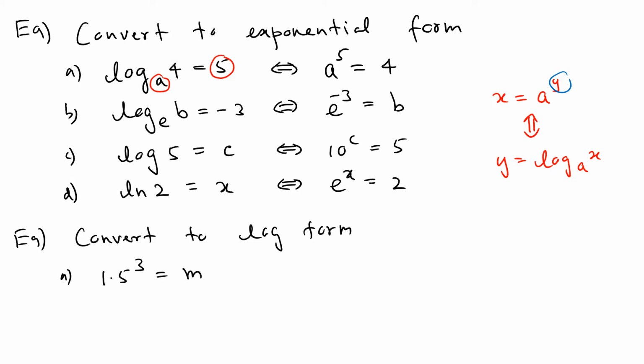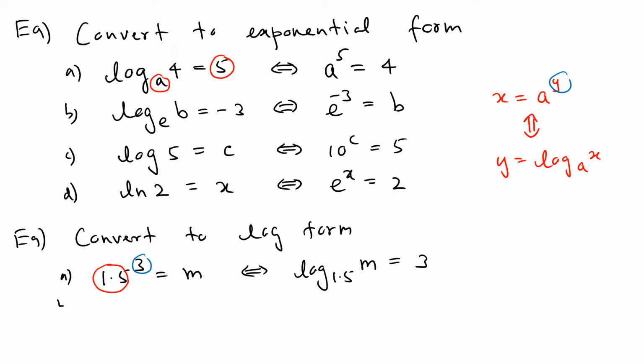So what does that mean? You can see this is the base, and m is just a number. So you can write this as log base 1.5 of the number m equal 3, because the 3 is the index, so that's the log.